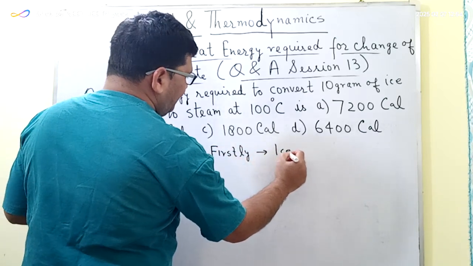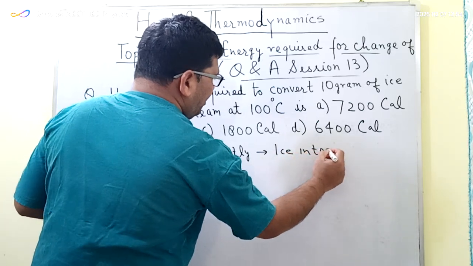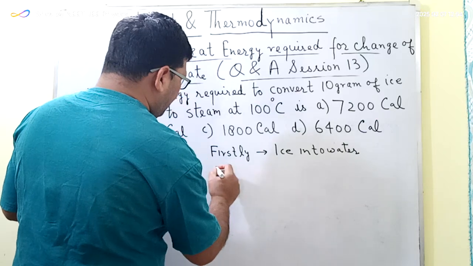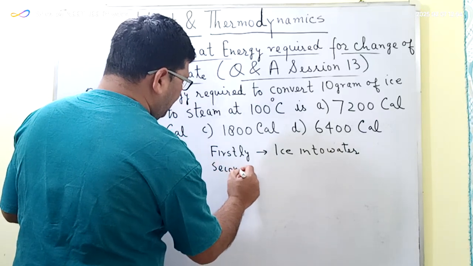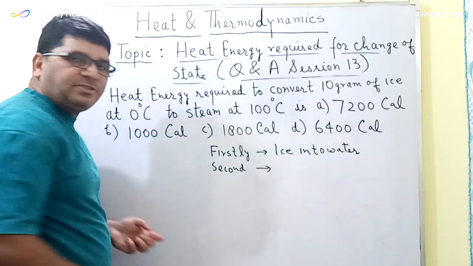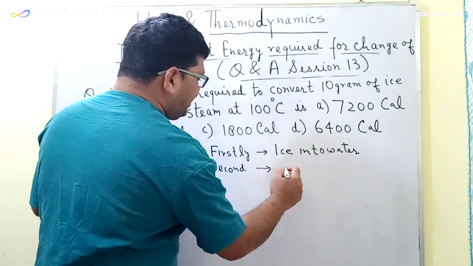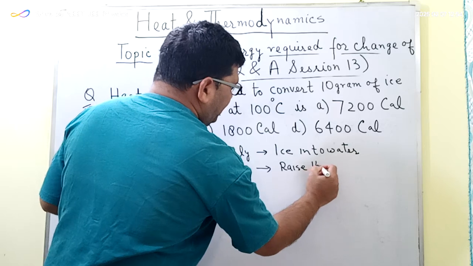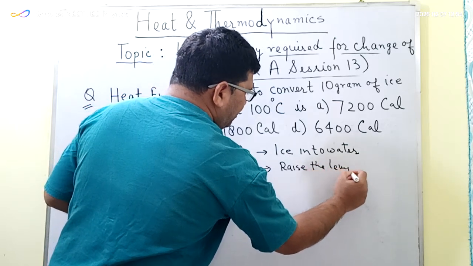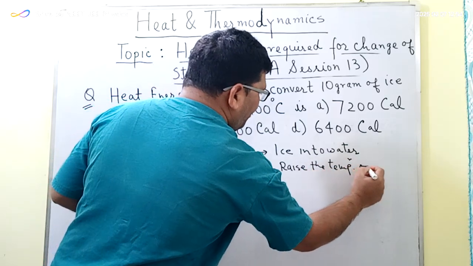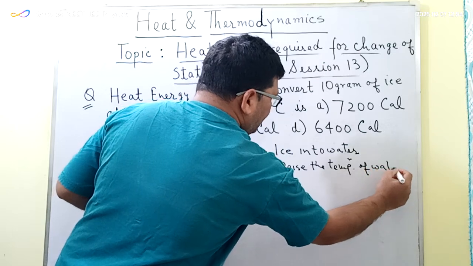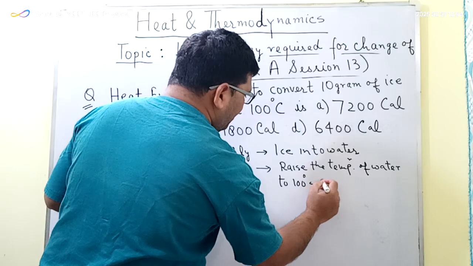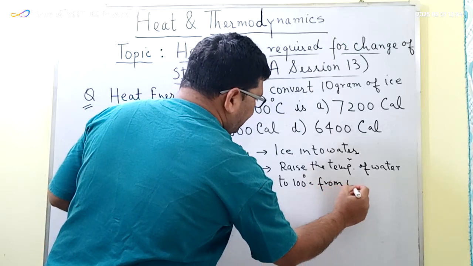convert ice into water, and then the second step will be that the temperature of this water has to be raised up to 100 degrees centigrade from 0 degrees centigrade.